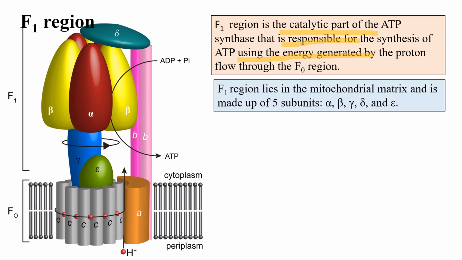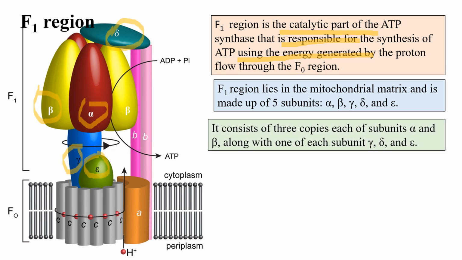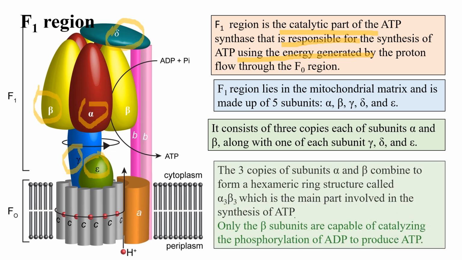The F1 region lies in the mitochondrial matrix and it has 5 subunits: alpha, beta, gamma, delta and epsilon. Alpha and beta have 3 copies each and form the hexamer, and delta, epsilon and gamma have one copy each.